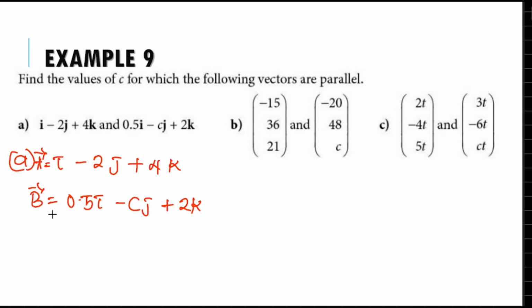So you can see that in the first one we have 1i, in the second one we have a 0.5. So what has happened there? That is multiplication by 1 over 2, right? So let's analyze very well.